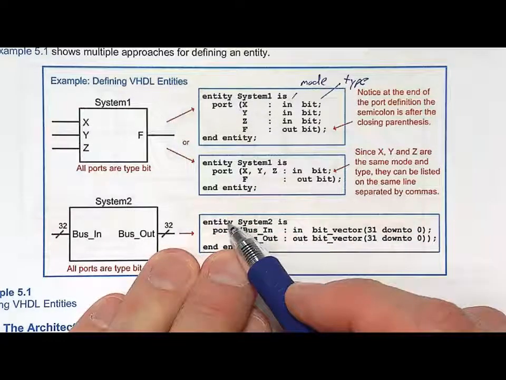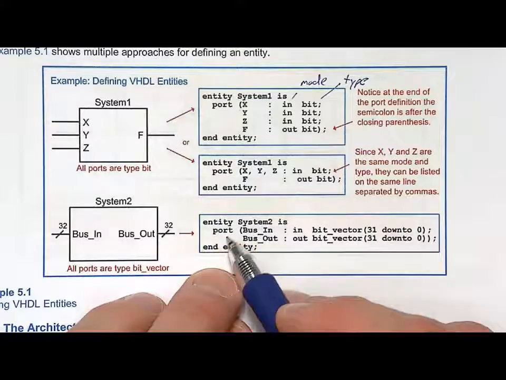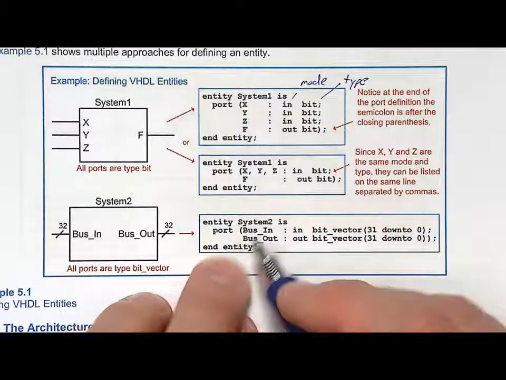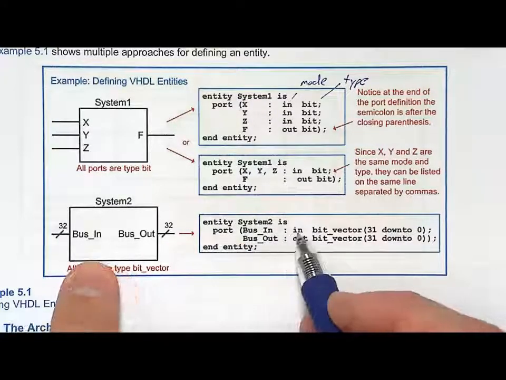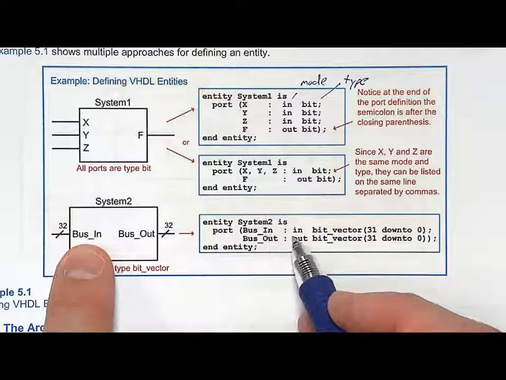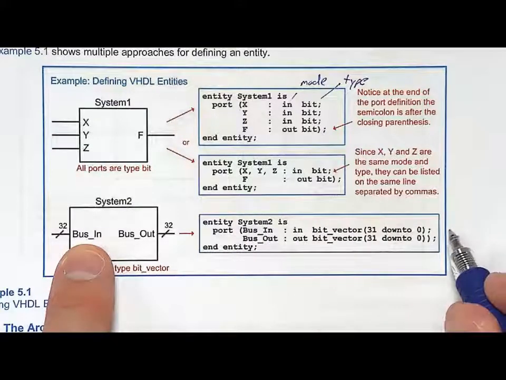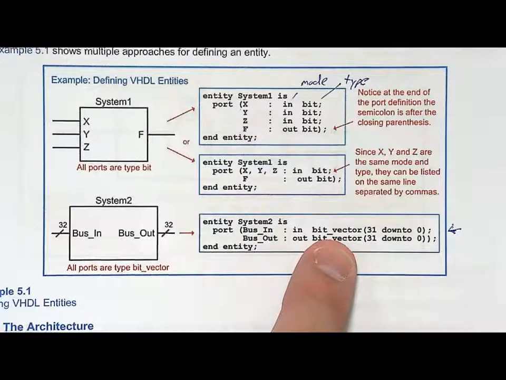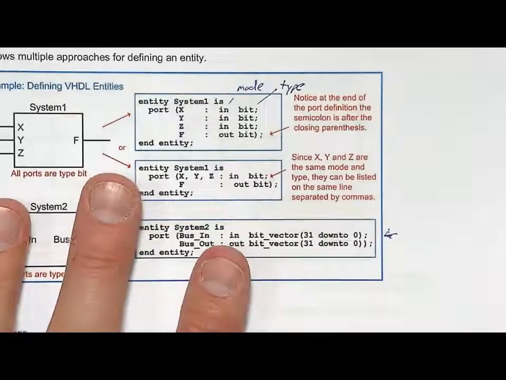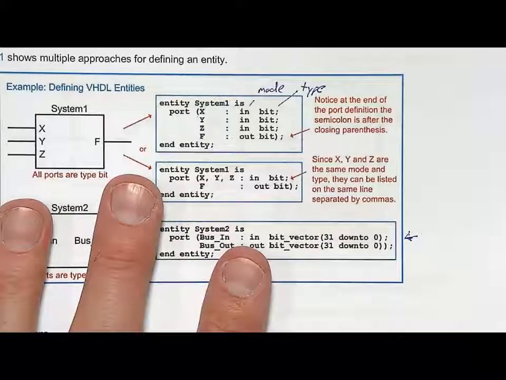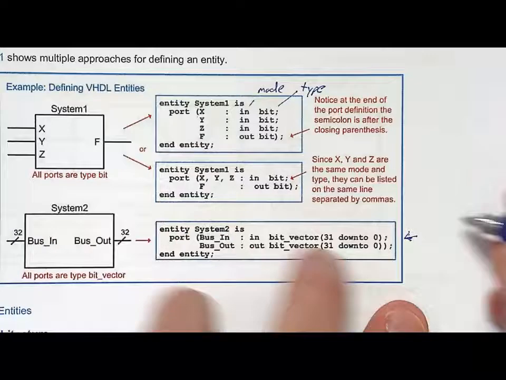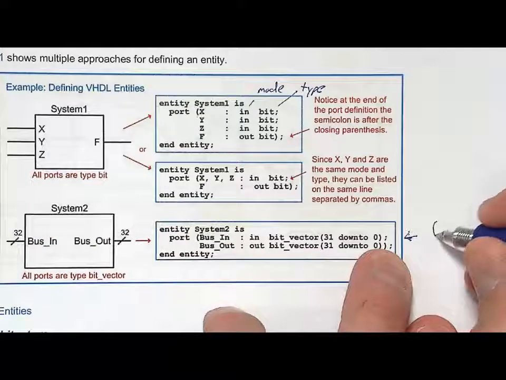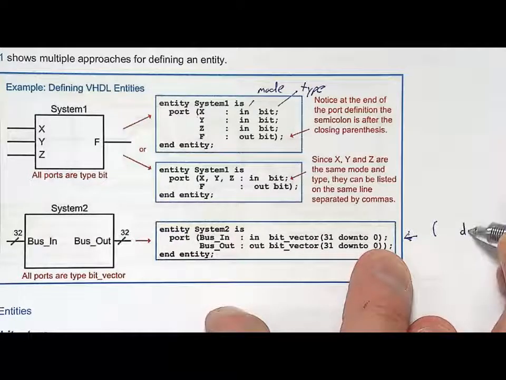We're going to go entity, system 2 is, we're going to go port, just like before, but now we're going to have the input, which is bus_in, it's an in, and now this is how you declare a bit vector. So you're going to give it the type bit_vector, and then you need to tell it how large the bit vector is. So the way that we do that is you come out here and you give it the range of indexes with a keyword in between, downto.